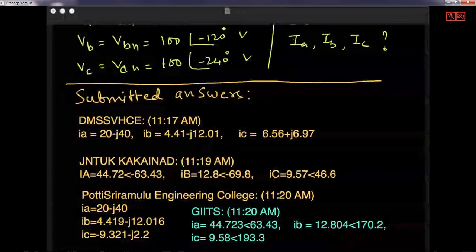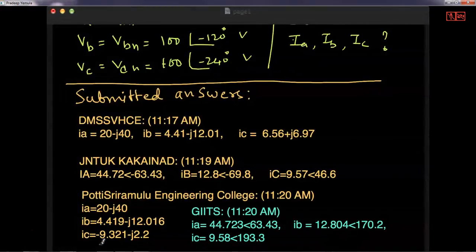Okay, so Poti Sriramlu wants to correct this thing. So let me change this.